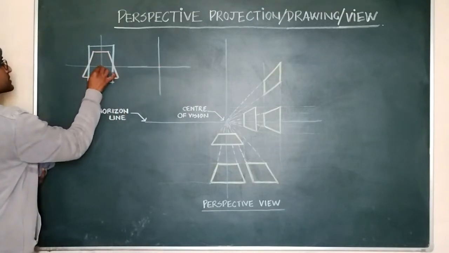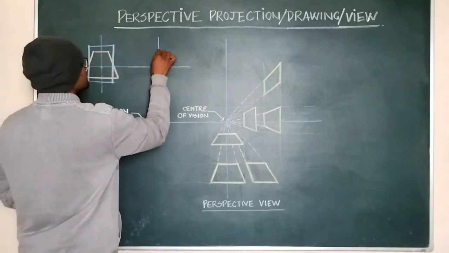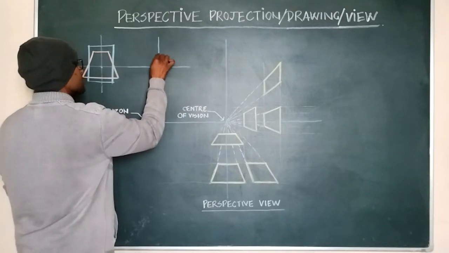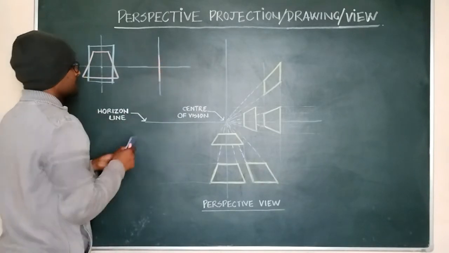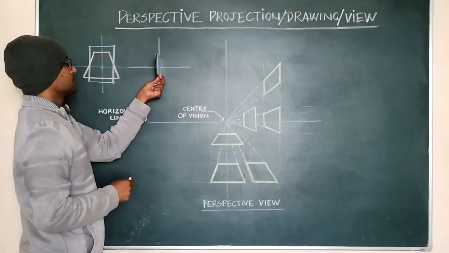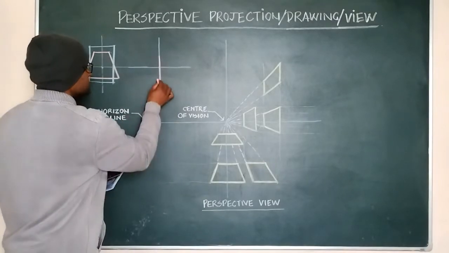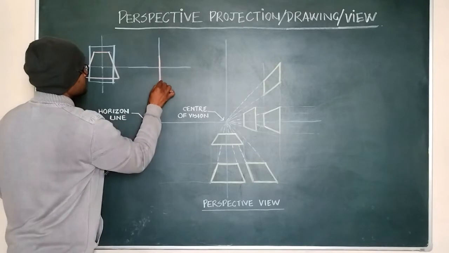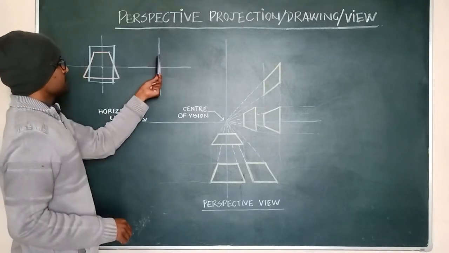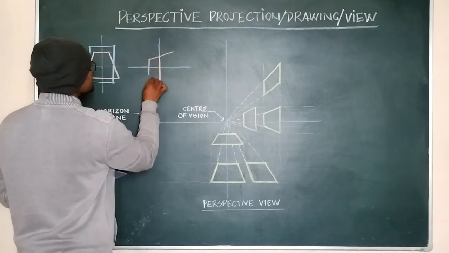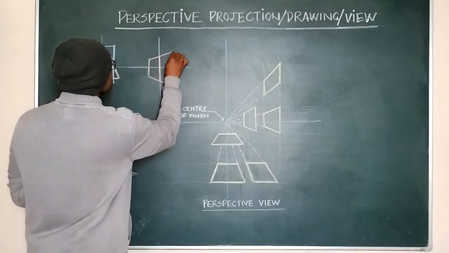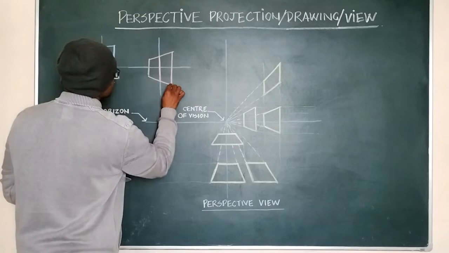Here also this is the center of vision. So if I am putting our plane something like this, the perspective view will be like this. Now if I rotate like this, something like this we will get.